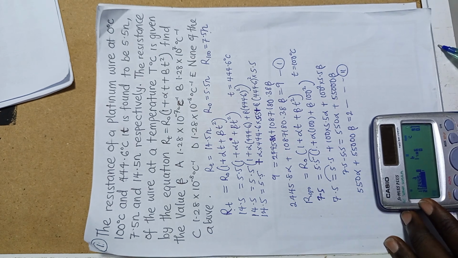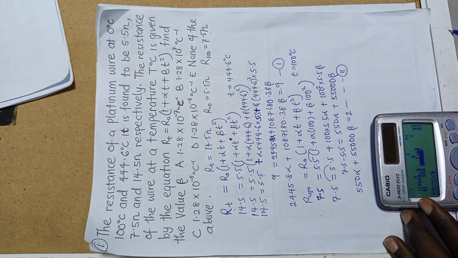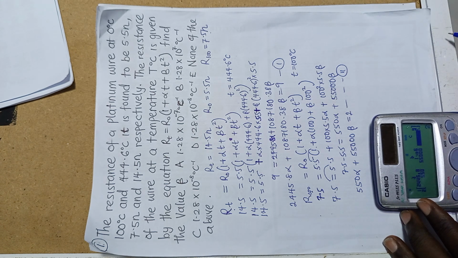Then we have 550 alpha plus 55000 beta equals 2.